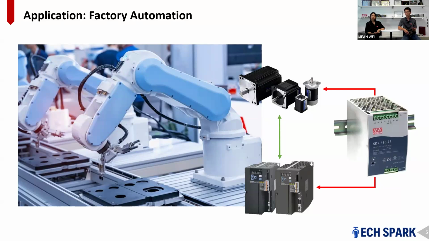SDR is very suitable to power the servos and the motors, because when the motor is cold started, it draws a higher current than the rated current, so the power supply with the peak load capability can supply a higher output in a short period.